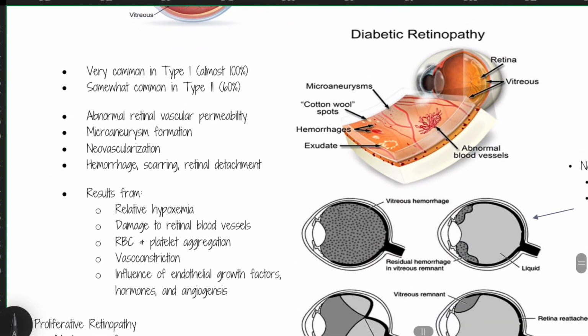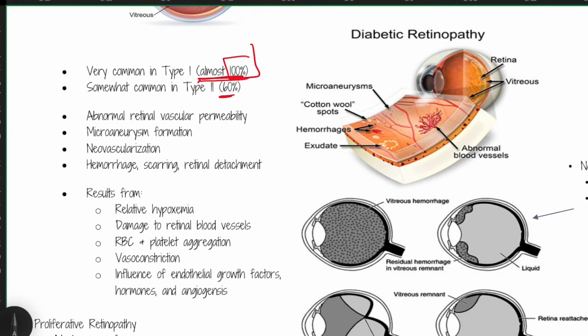Diabetic retinopathy is very, very common in type 1. Almost 100% of people with type 1 diabetes will end up at some time with diabetic retinopathy. It's fairly common in type 2 as well, about 60%.